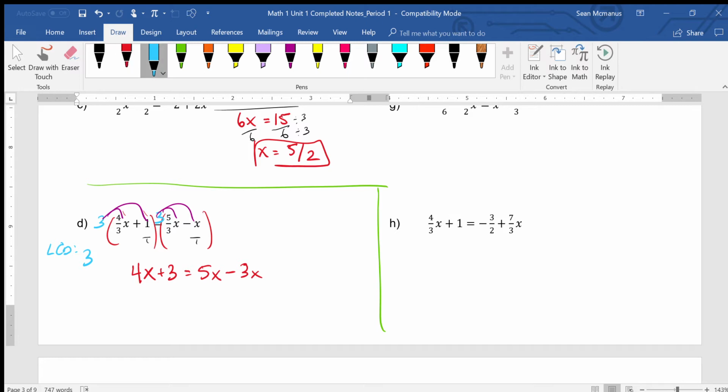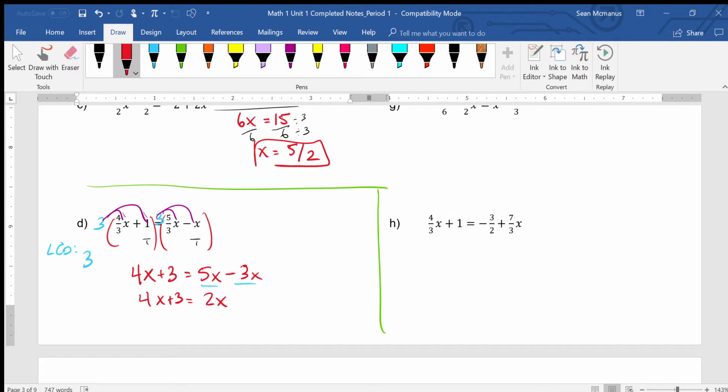And actually, in this one, I can see over here, I have 2 terms with the same variable, so I can actually combine like terms. 5x minus 3x is 2x equals 4x plus 3.